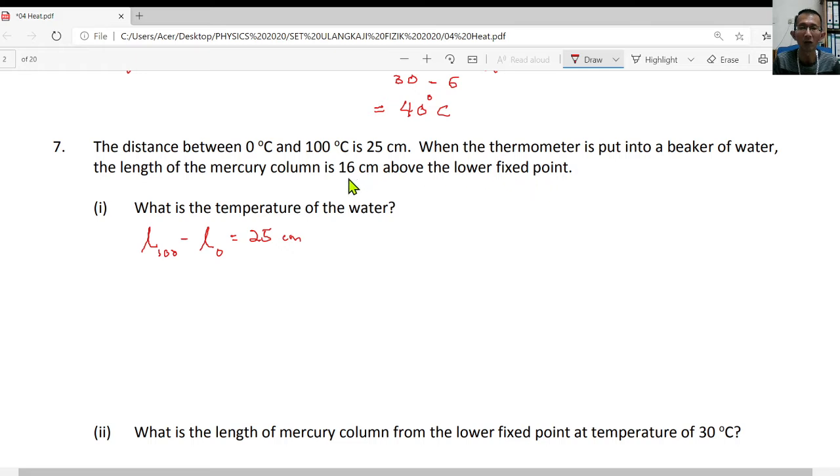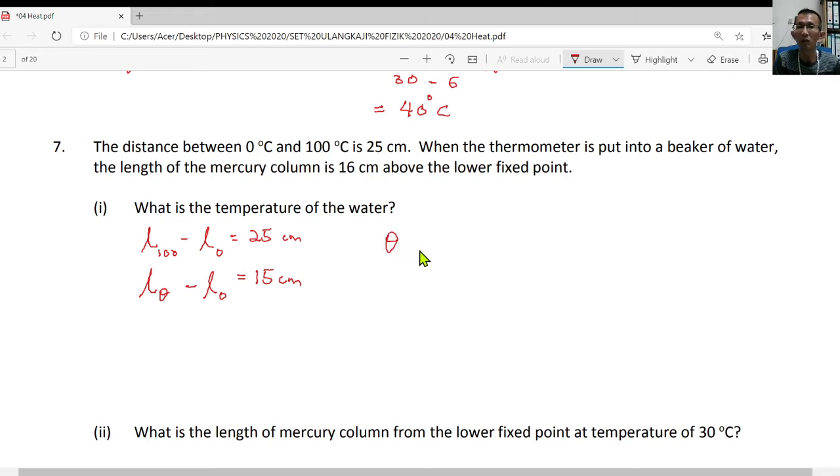So what is this? It is actually our L theta minus L0. L theta is above the lower fixed point by 15 centimeters, and you are to find the temperature of the water. Again, we write the formula.